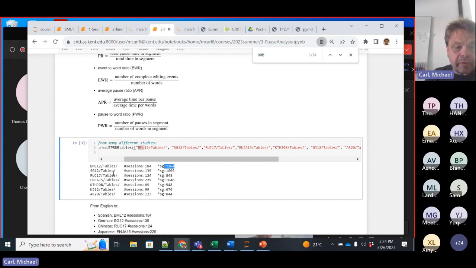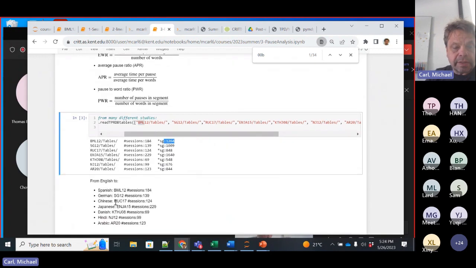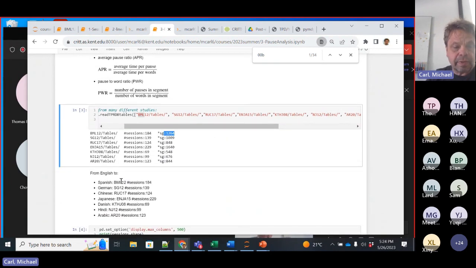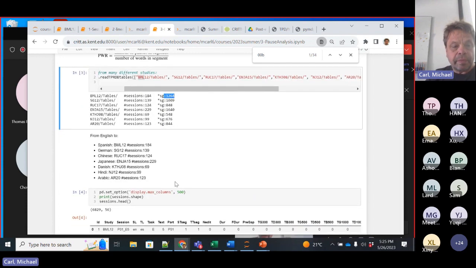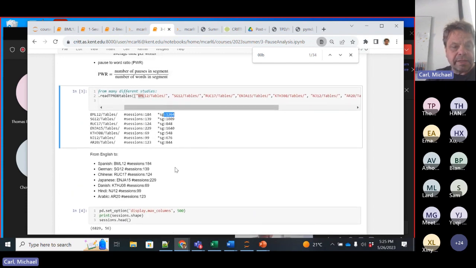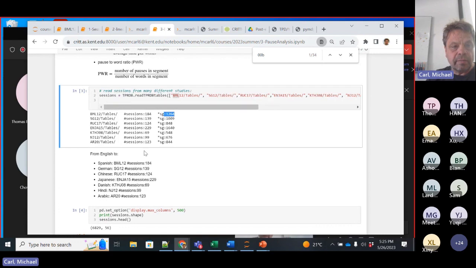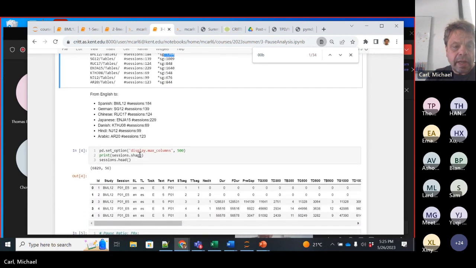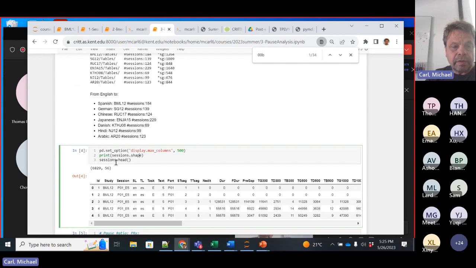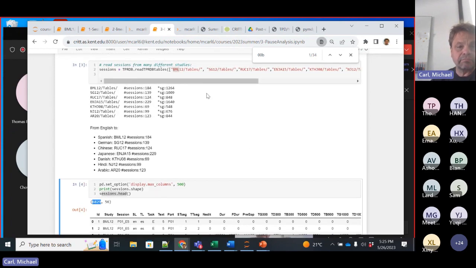It says what the languages are: Spanish is BML, German, and so on. So we can see how many sessions there are and how many segments. We can read this by running this command and look into the headings. There are altogether 6,800 segments for all these languages.